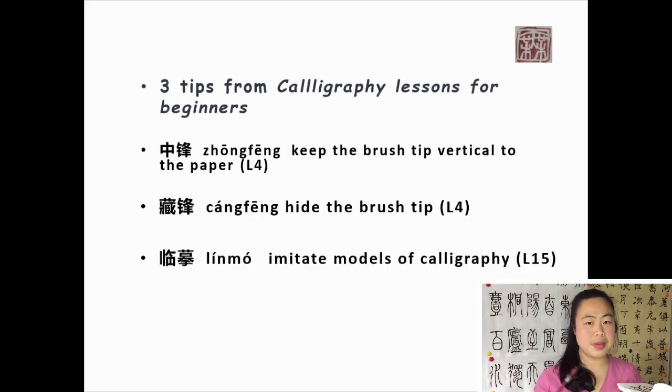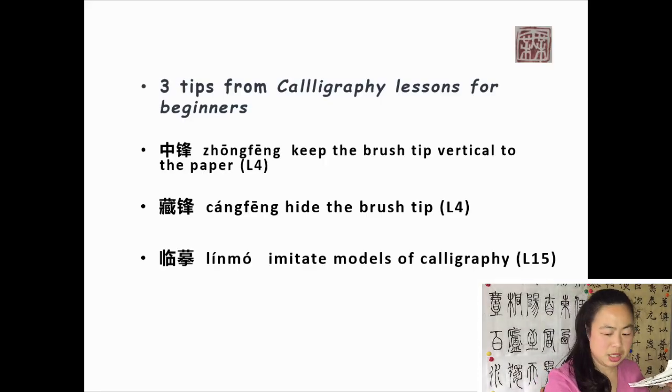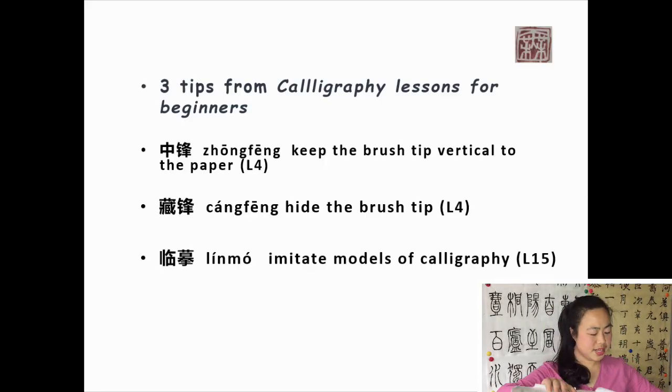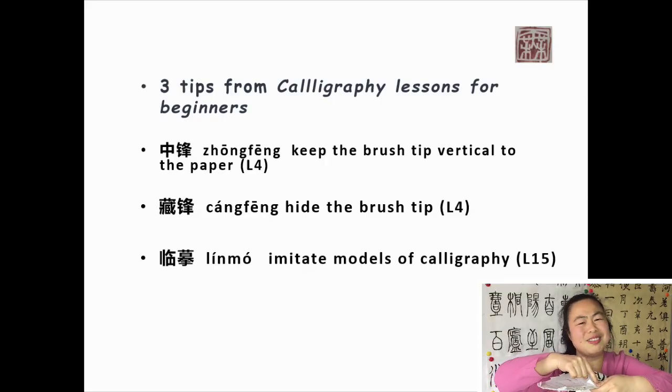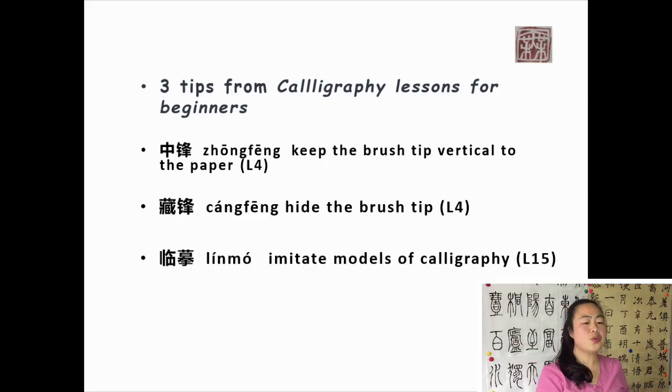And then 摹 means if there is a book, we use some transparent paper covered on the calligraphy book and then try to write based on the line. So this is called 摹. Okay, so these are the 3 tips from our calligraphy lessons for beginners.